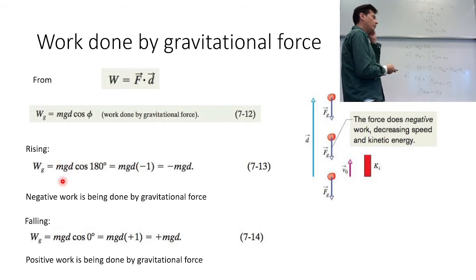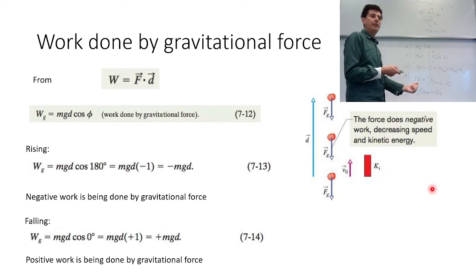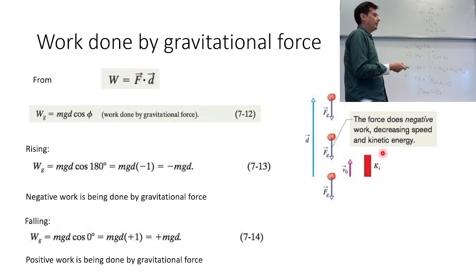So when it's rising, as I said, it's negative, and from a kinetic energy perspective, that makes sense, from the work-kinetic energy theorem. Basically, the work done by the gravitational force is negative, so the kinetic energy bank account will go down, because its work was negative.